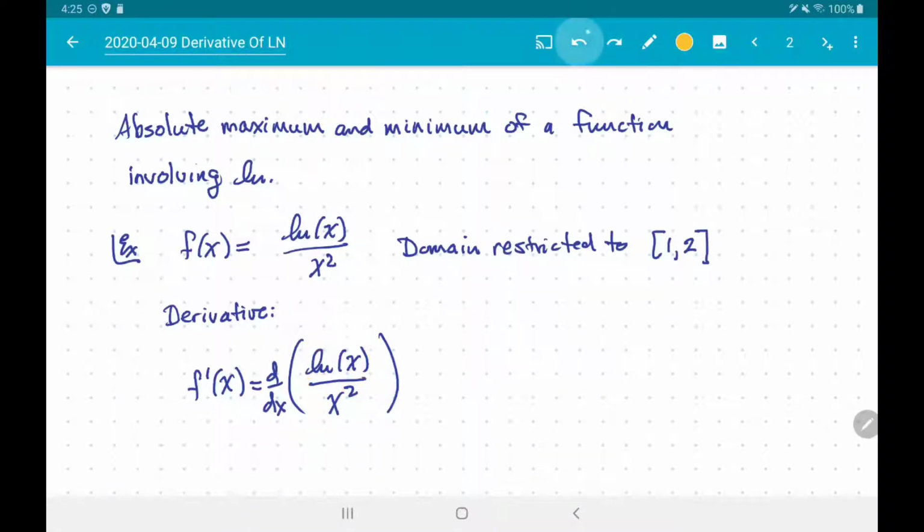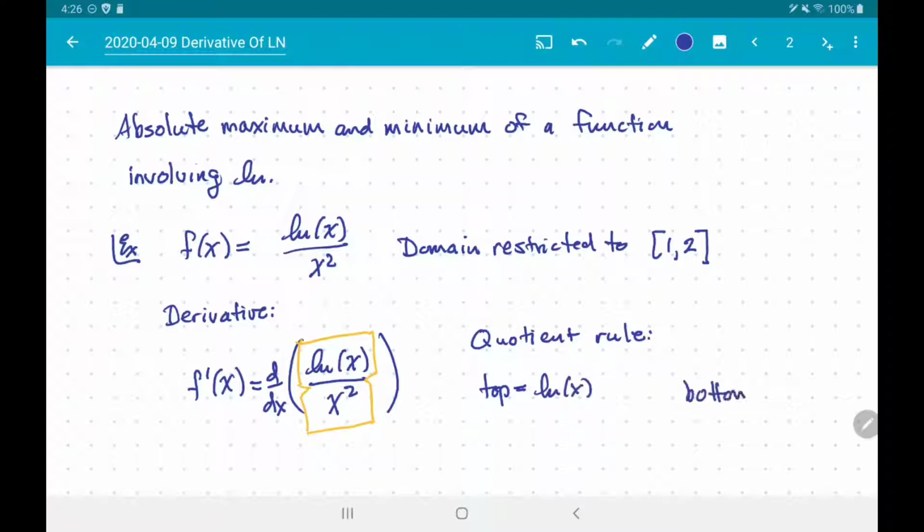So let me get rid of some of this noise and just write in this thing. So that means that we will need the quotient rule. The top is ln of x, and the bottom is x squared.